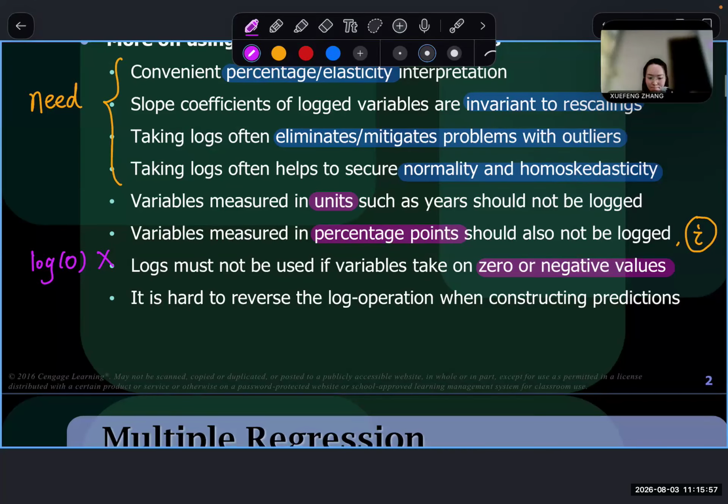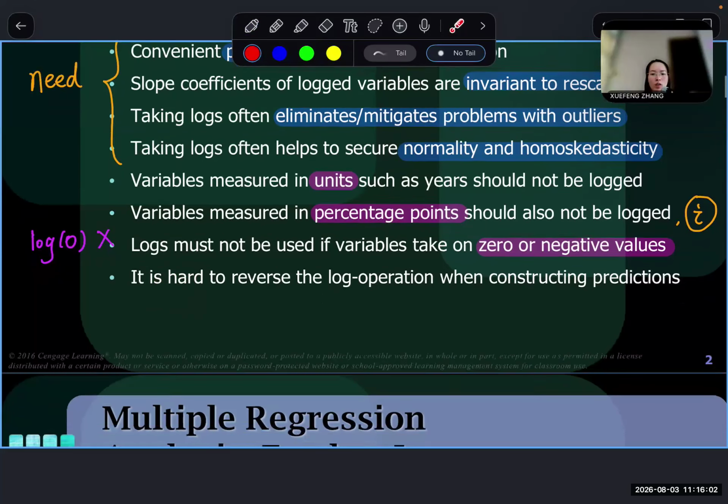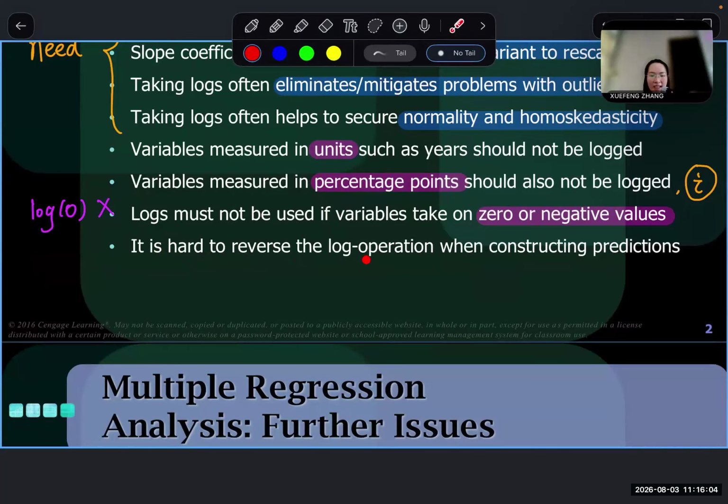And the next point, if your model predicts log y, you can't just exponentiate to get y back. It's not that simple, and there's a correction needed. We'll cover that later. Just remember, predicting y itself is trickier than predicting log y.